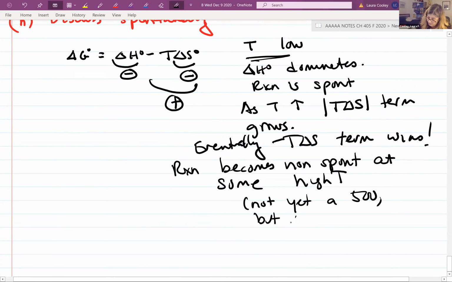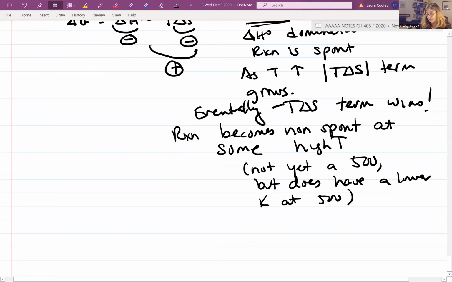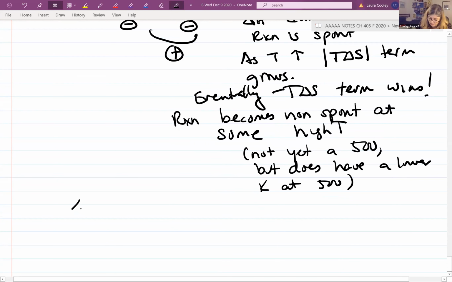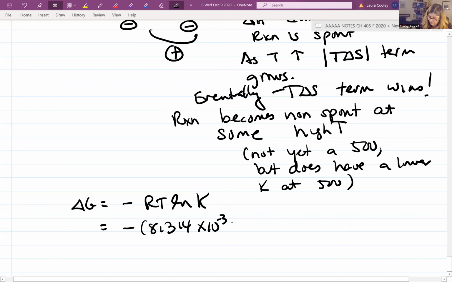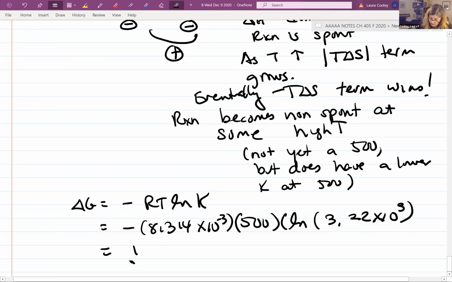It does have a lower K at 500, and it would have a less negative delta G0. Delta G0 equals minus RT log of K. We could calculate that, and it comes out to a negative 33.